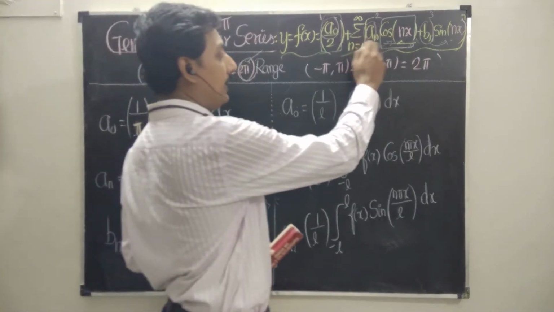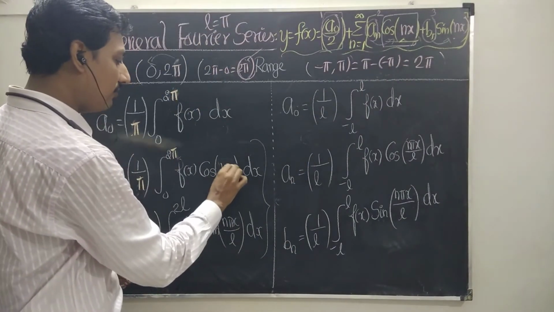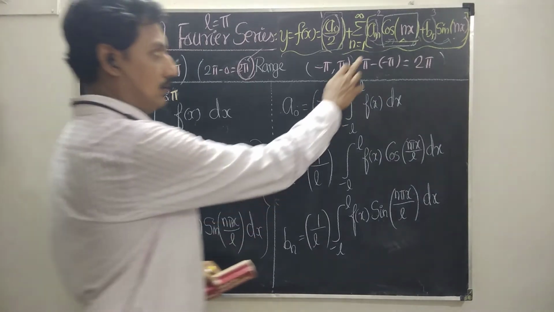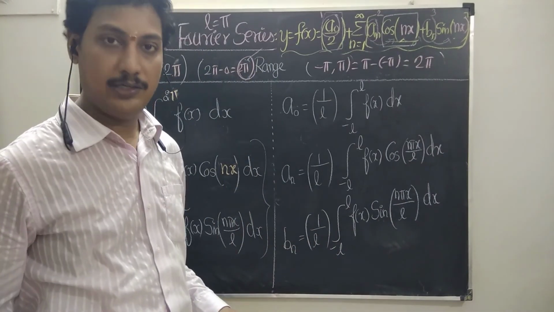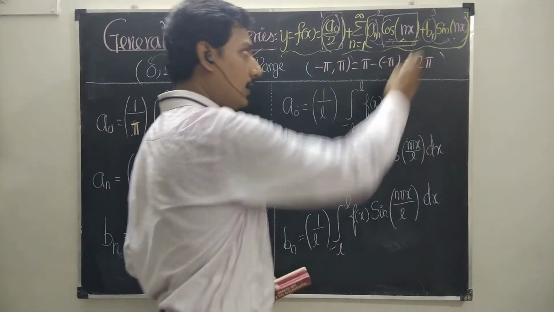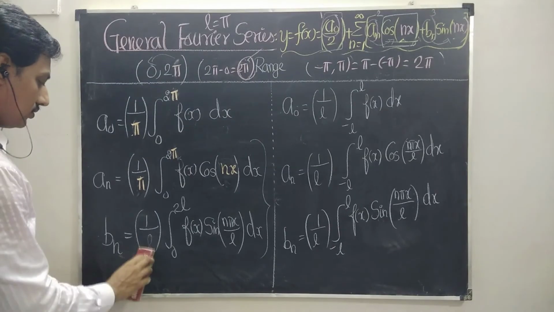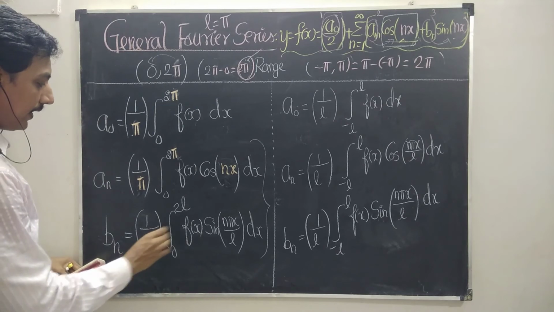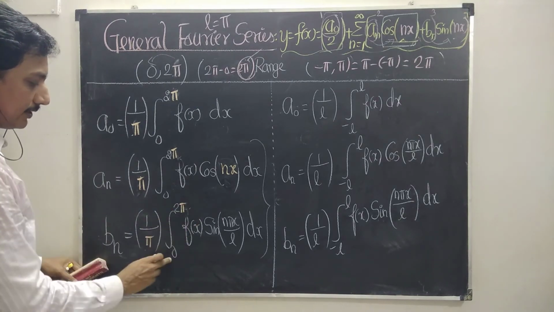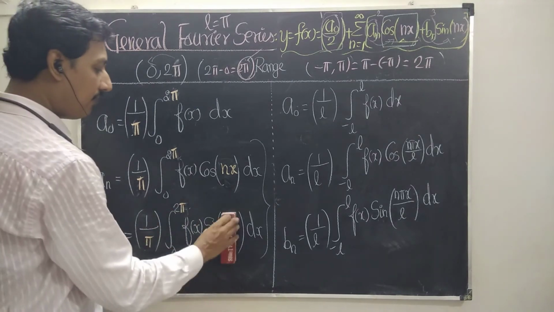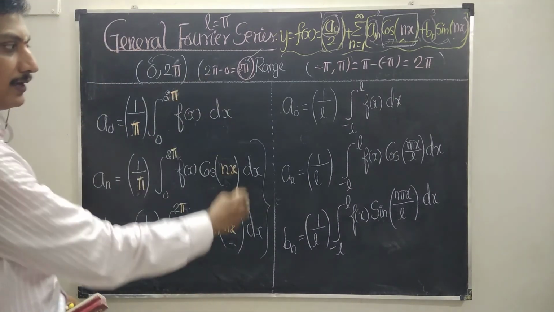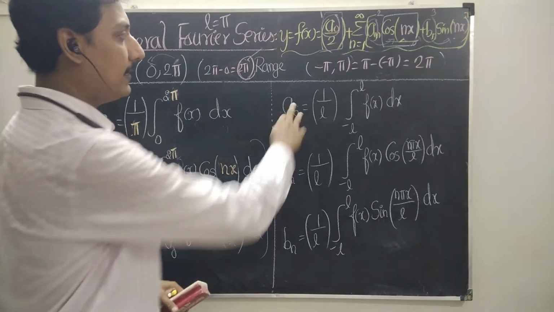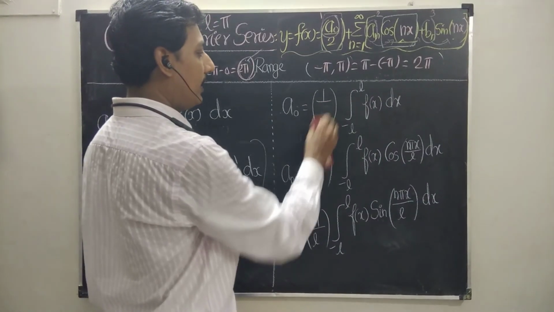Why? Because An is the coefficient of cos nx, so whatever we have along with the An term should be used for integration. Similarly for Bn, sin nx was there, so when I replace L by pi, I get 1 by pi integral 0 to 2 pi f of x sin nx dx.